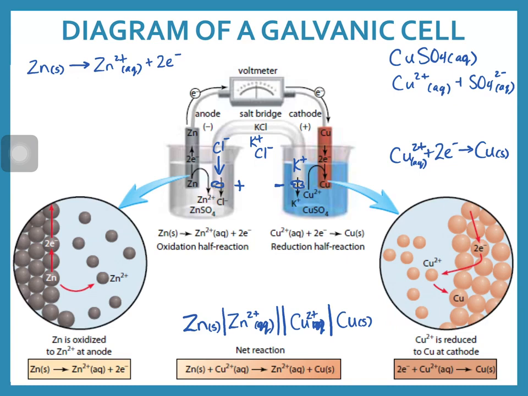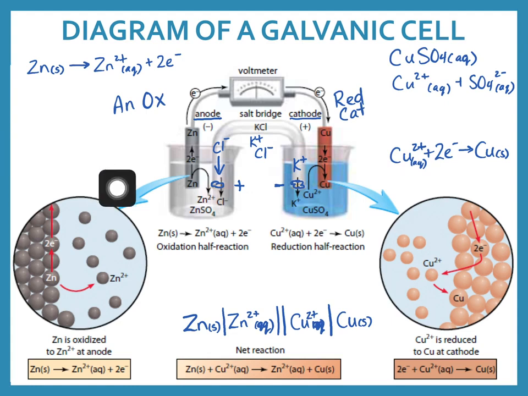So similarly, we have names for our two different electrodes. The anode is where oxidation happens, and the cathode is where reduction happens. One of the things that we can use to help us remember that is an ox and red cat. So reduction happens at the cathode, and at the anode is oxidation.